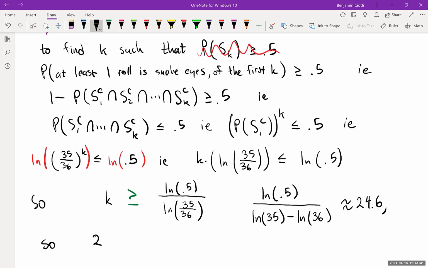So after 25 rolls, we'll have a greater than 50% chance of getting at least one snake eyes on those. Any questions?